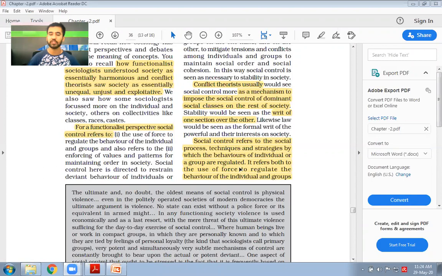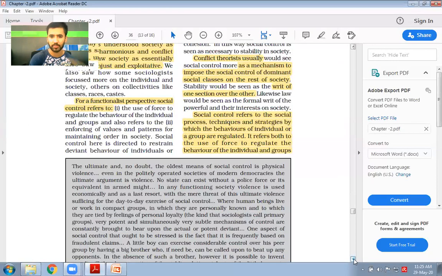Obviously, behaviors are regulated, right? Like the example I gave you yesterday, there is a regulator in your gas stove, which you use to keep your flame high, medium or low. In the same way, social control regulates human behavior. This is what it means. It refers to both the use of force and all those things that I've already discussed with you.